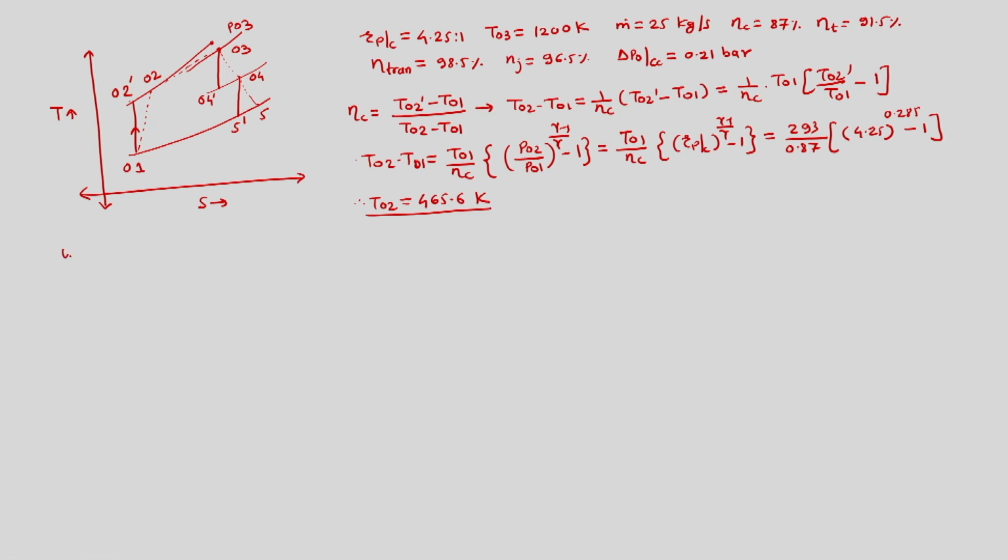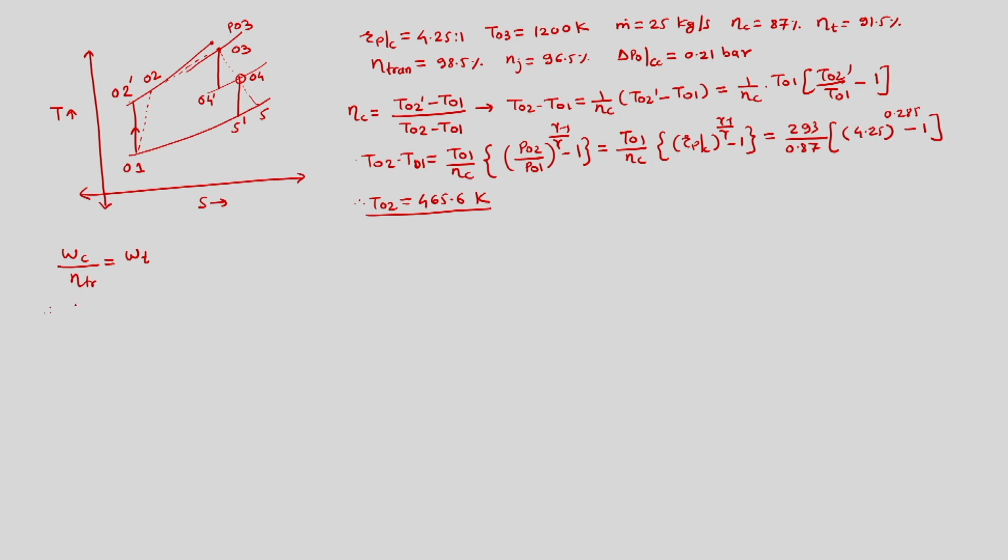Now we know that compressor work upon transmission efficiency is equal to turbine work. In this example, we needed the entry total temperature for the nozzle, for which we need the turbine pressure ratio, but we don't know turbine pressure ratio. So we have to calculate the turbine pressure ratio first, for which we are going to use the relation which states that compressor work upon transmission efficiency is equal to turbine work.